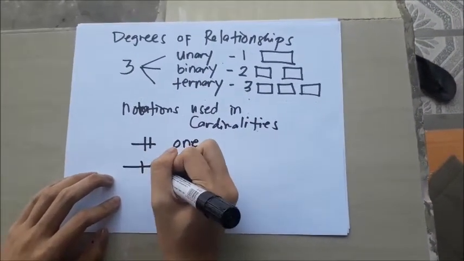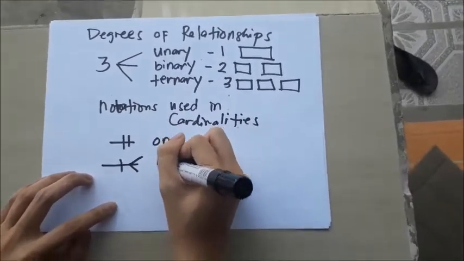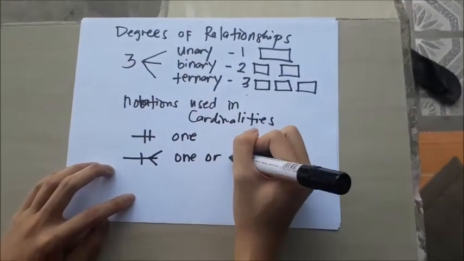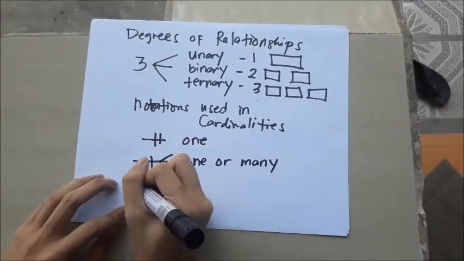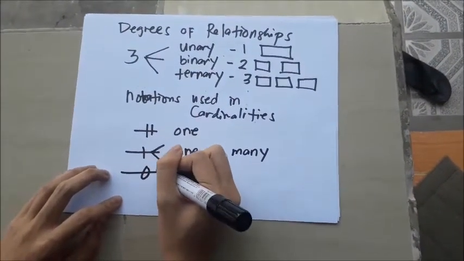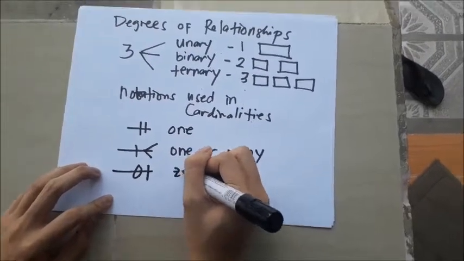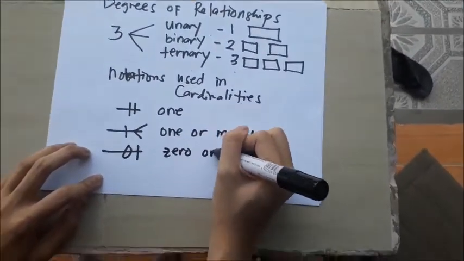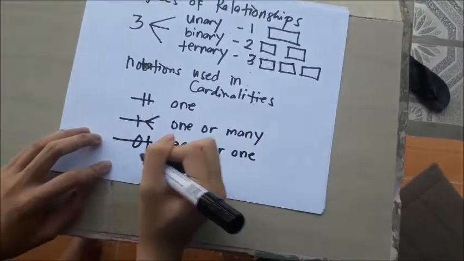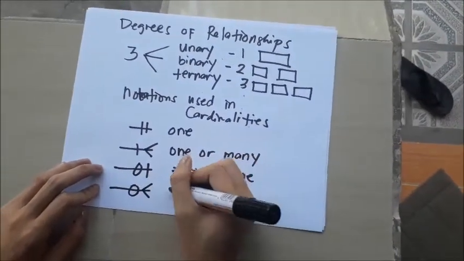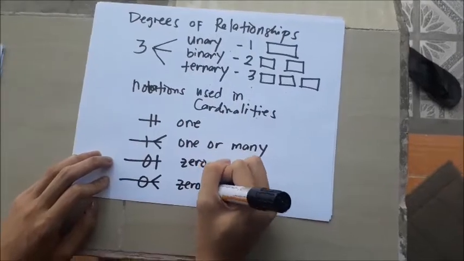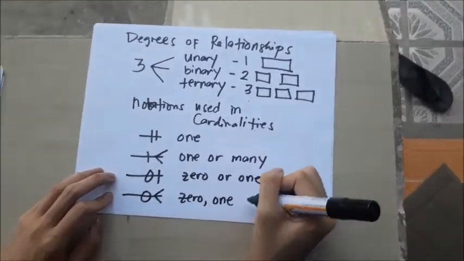The second one is one or many, a straight line followed by a crow's feet. The third one is zero or one. It is a circle or oval shape followed by a straight line. And the fourth one is zero, one or many. This is a circle or oval followed by a crow's feet.